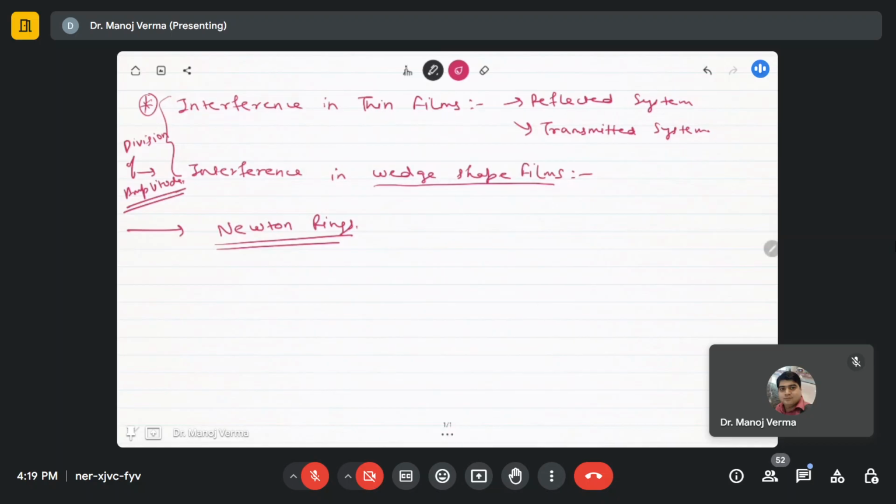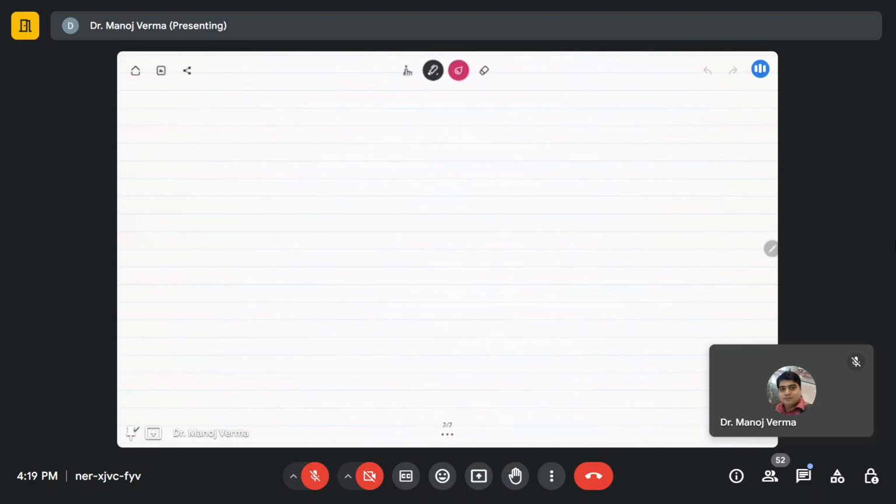So what we have is an optically plane glass plate P, a flat glass plate, and we have a plano convex lens which is placed on this glass plate.